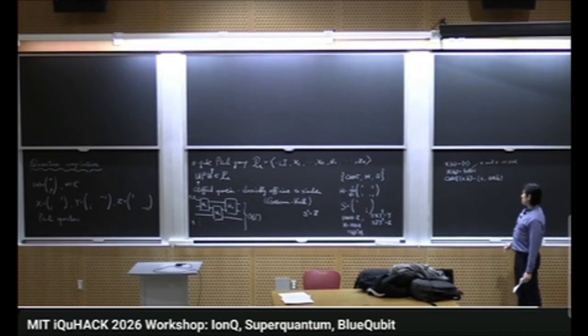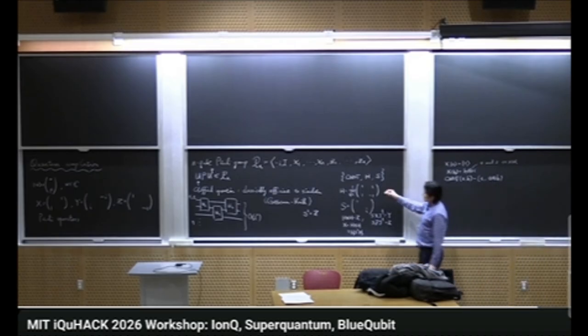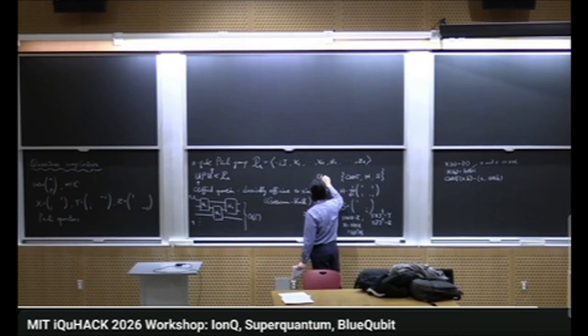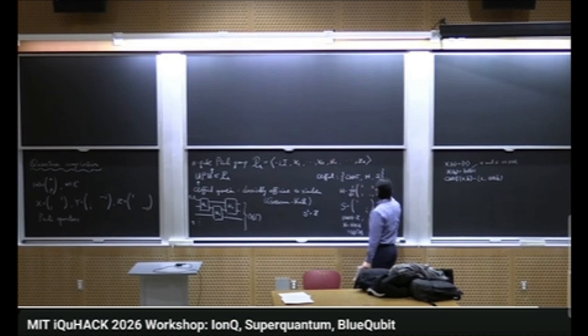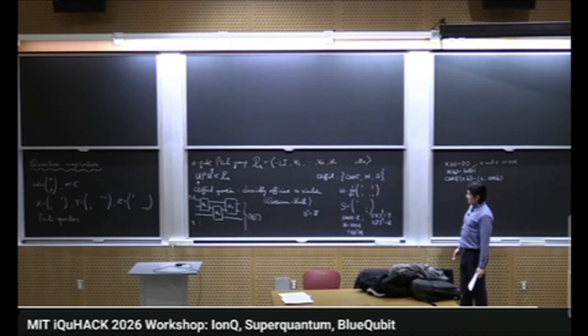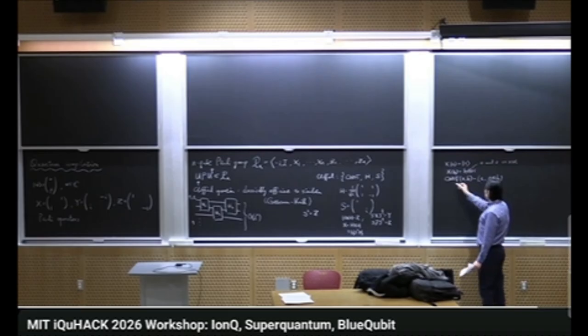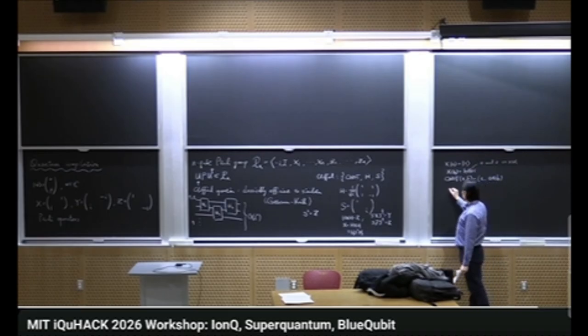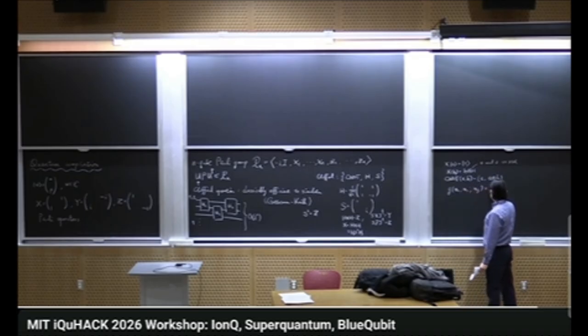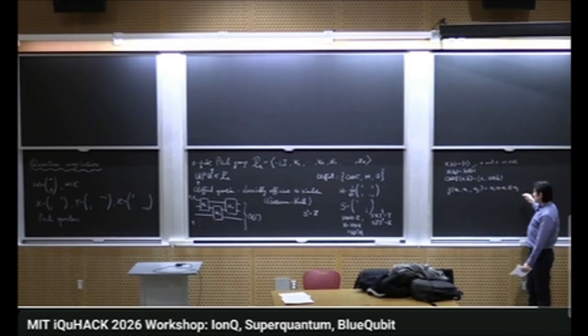So if you stay with this Clifford gate set, all you can implement on the quantum computer is functions like, for instance, a Boolean function g(x1, x2, x3) where it's an addition of these variables.